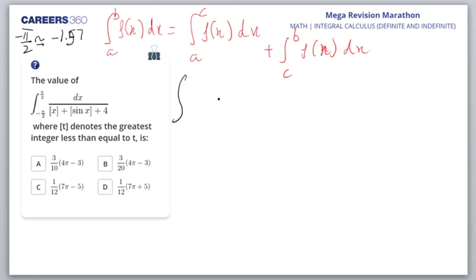Okay, now minus pi by 2 to minus 1, I'll split the first integral. Between this, it is minus 1.57, you can understand.